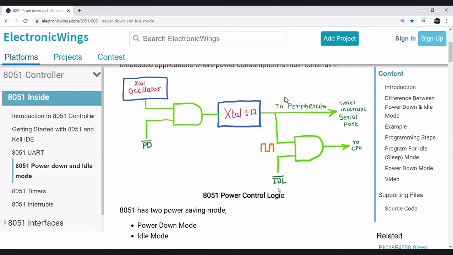That time the CPU will not be getting the clock signal. So the CPU will not work. I hope it's clear.